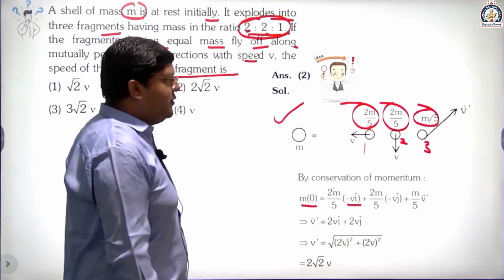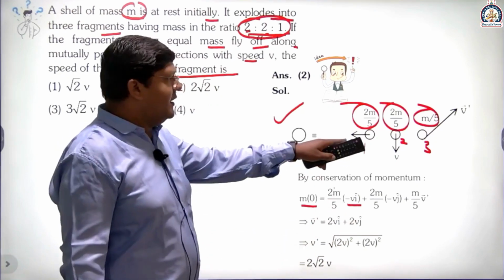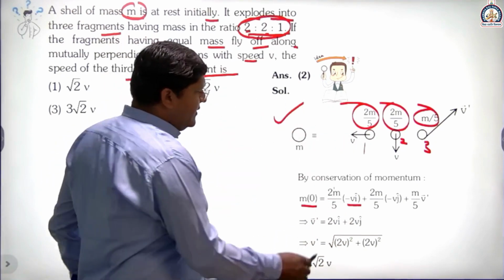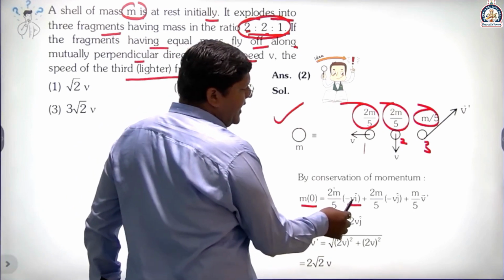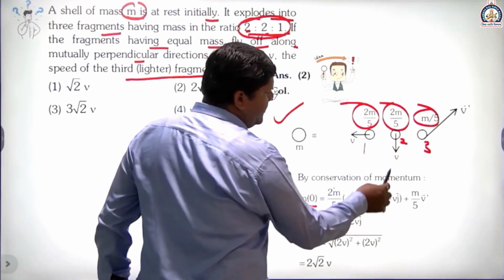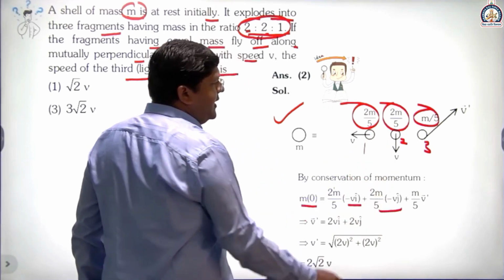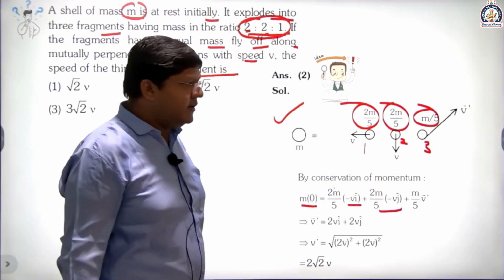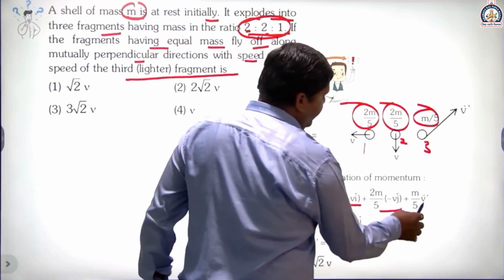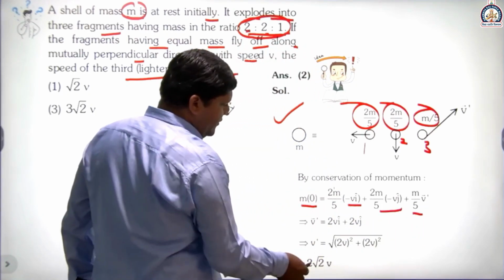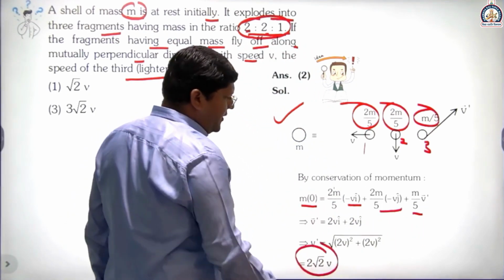The first component is along the x-axis; you can see it is moving in the opposite direction of the x-axis, that's why we have used minus v i cap. The other component is minus v j cap because it is moving in the negative y direction, and for the third component we have used m by 5 v. We just have to solve and calculate the value of velocity.